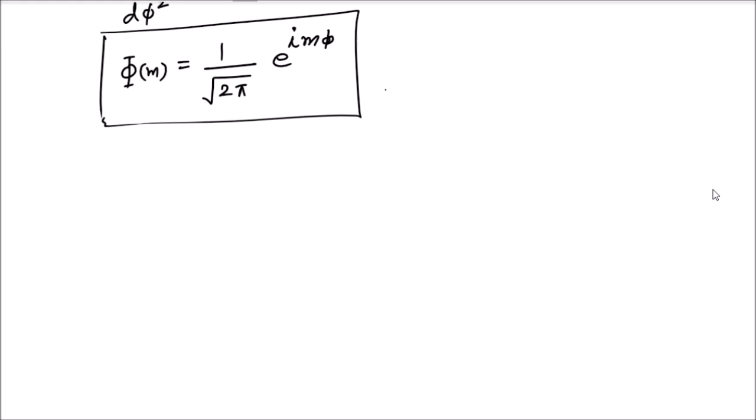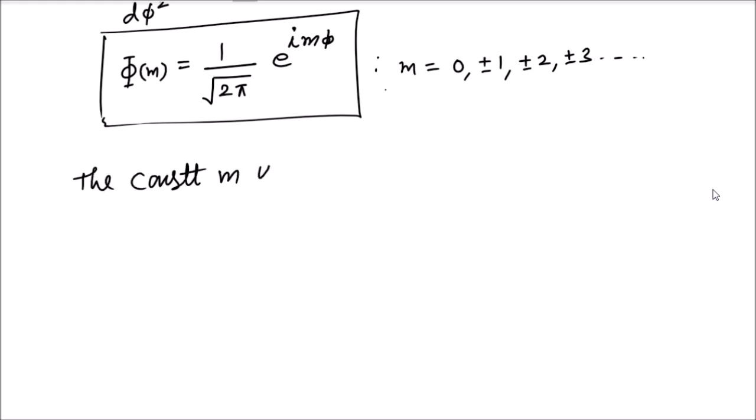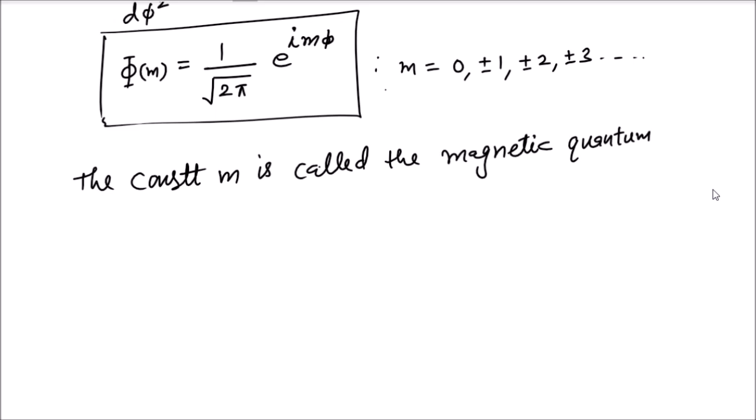So the solution is 1/√2 pi e raised to the power iota m phi, where m is 0, plus minus 1, plus minus 2, plus minus 3, and so on. And this constant m is called the magnetic quantum number. So this is the solution of the phi dependent equation.